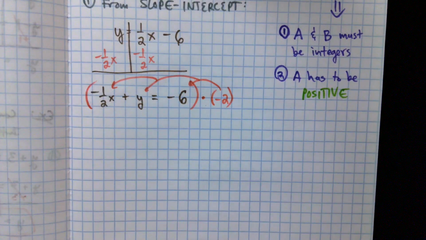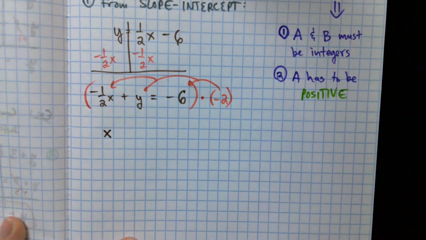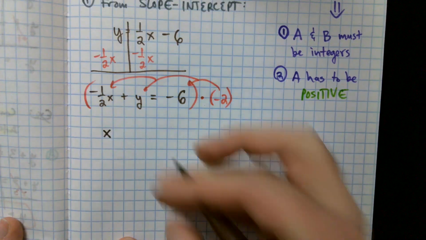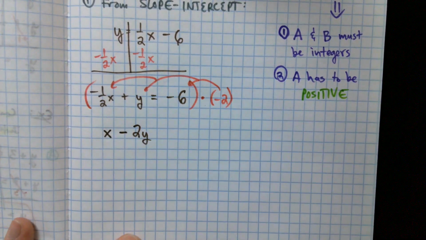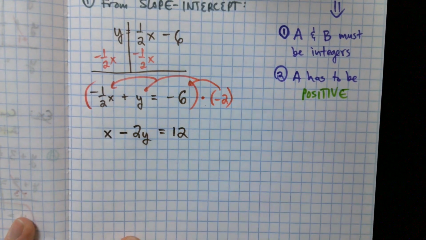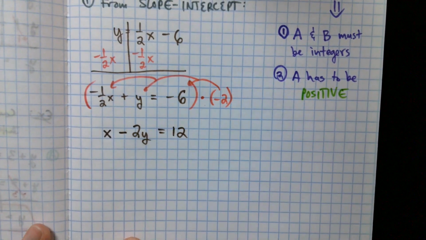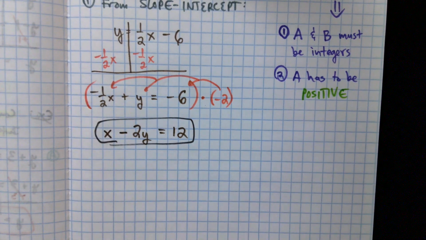What's my new coefficient of x? 1. What's my new coefficient of y? -2. And what's my new constant on the end? 12. There's my standard form equation.